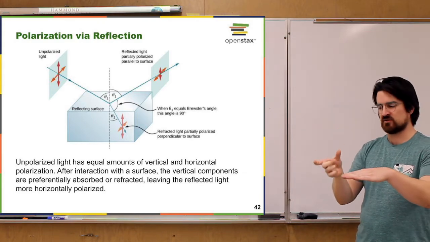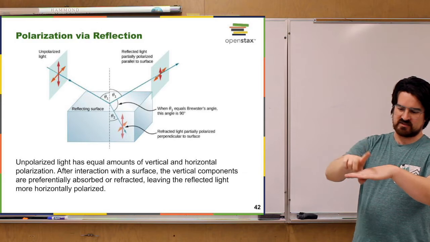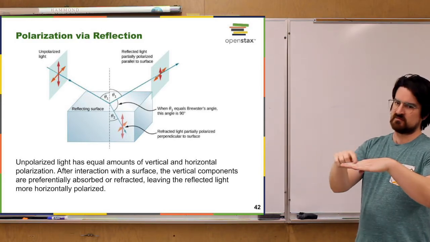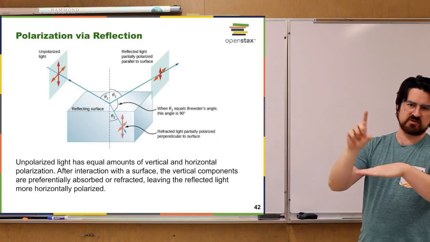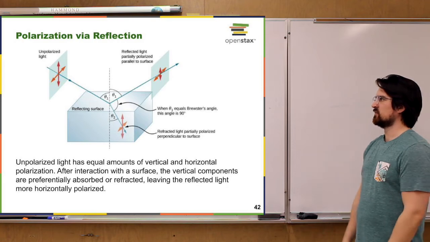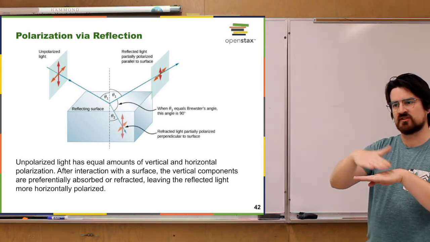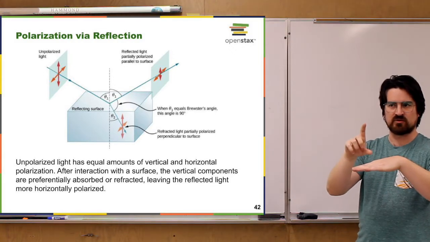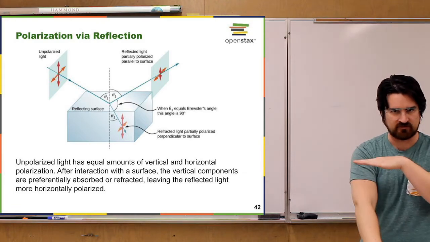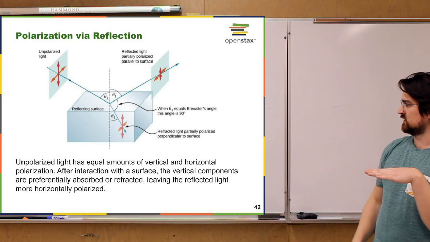Versus if you take that same stone, but you have it vertical, and you throw it at the water, then it's much more likely to just pierce through the water and go through. And so that light, when it's vertically polarized, is much more likely just to go through and refract. So this is one way of thinking about why, when light hits a surface, whatever light is vertically polarized in that unpolarized light is more likely to refract and go through, versus the horizontal component is more likely to reflect and bounce off.